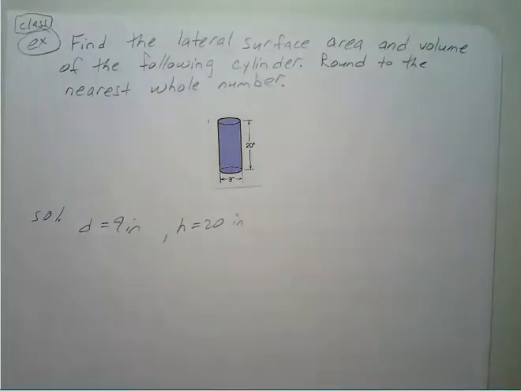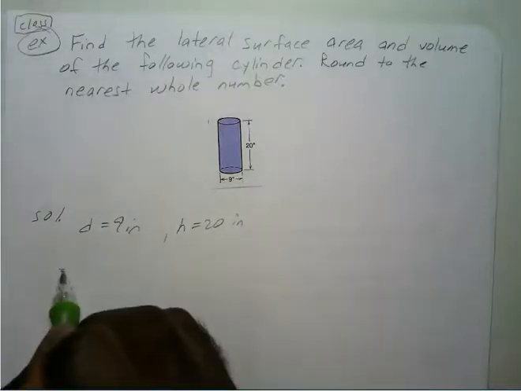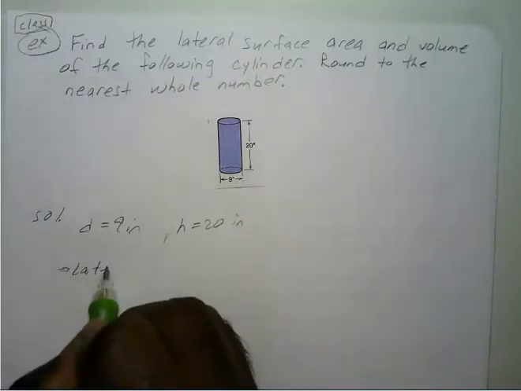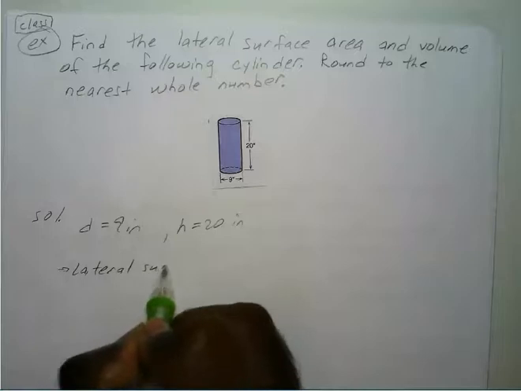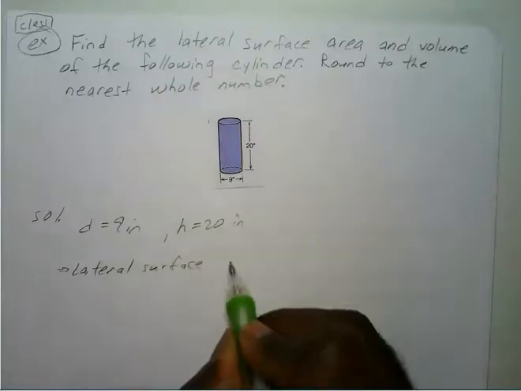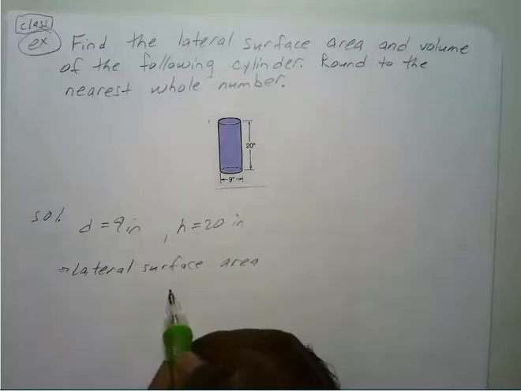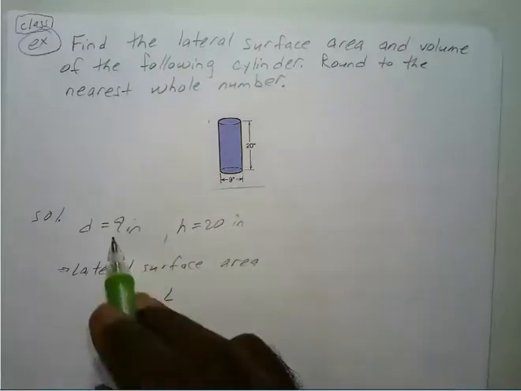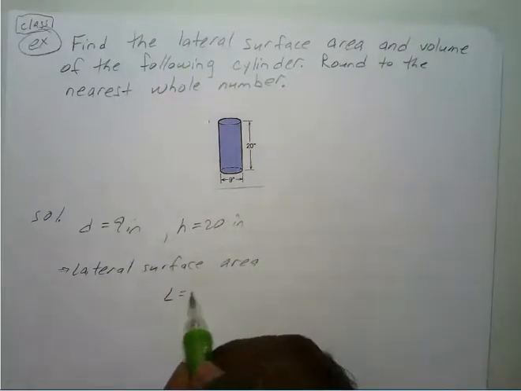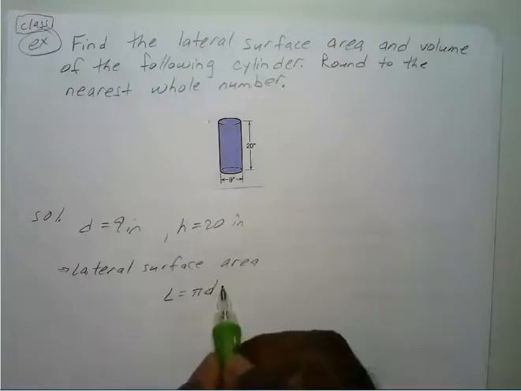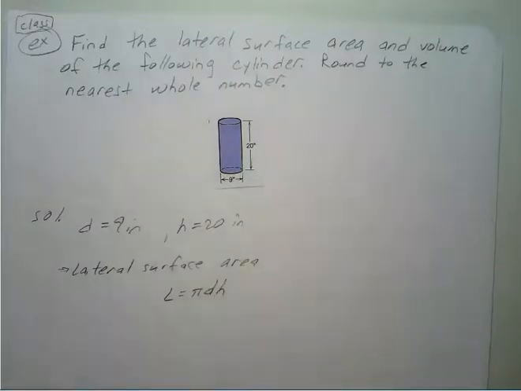Okay, so now we go ahead and calculate our lateral surface area. Okay, and that's the formula, since we know the diameter, L equal to pi times the diameter times the altitude.